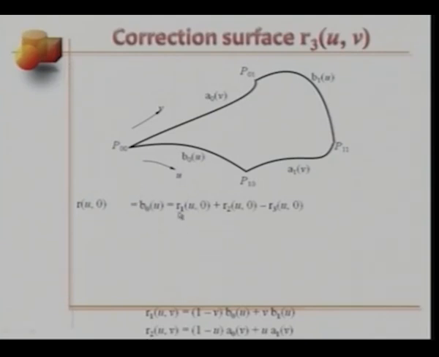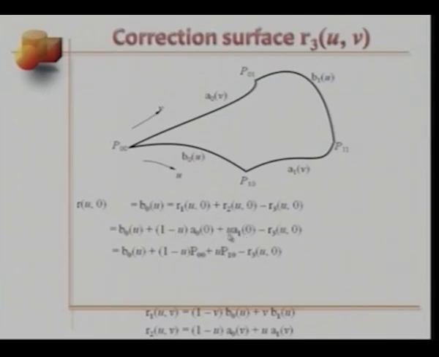Now look at what R1(U,0) can be. If you plug in V equals 0 here, this expression will be 0, and this will simply be B sub 0 of U. So R1(U,0) is B0 of U. Plus 1 minus U A0(0) plus U A1(0).